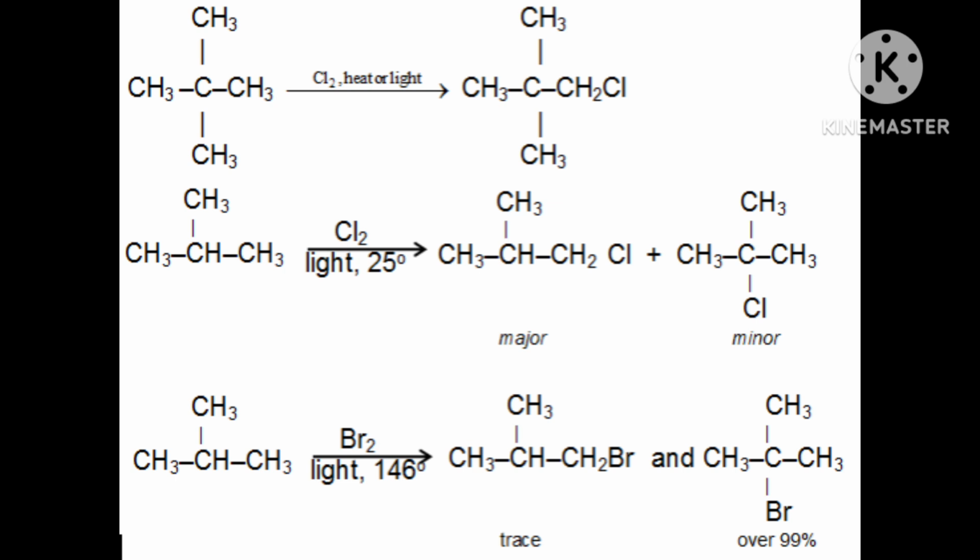What will happen? I told you that the carbon and N2 bond will break and the other bond will also break, that is, the N2 and X bond will break. Then N2 will be free as nitrogen gas and it will go with the electron. Then the carbon will be positive. But X is negative, and that X will join with carbon and a bond will be formed.